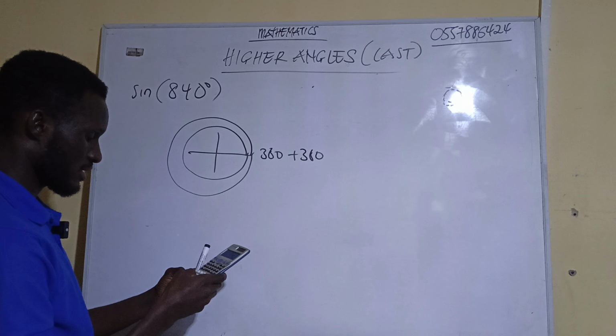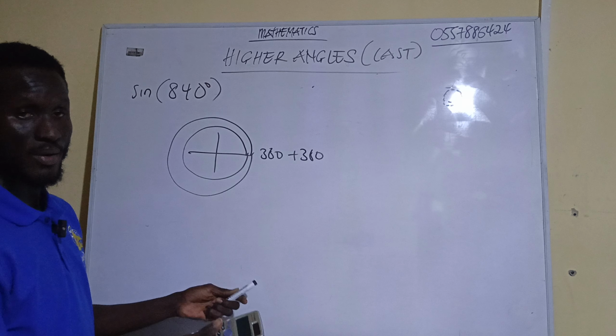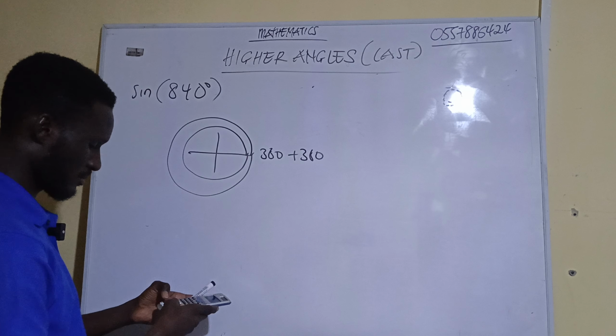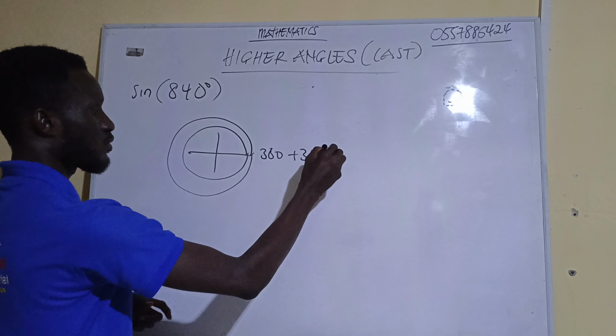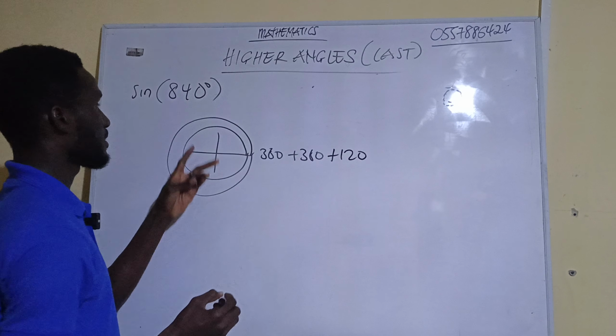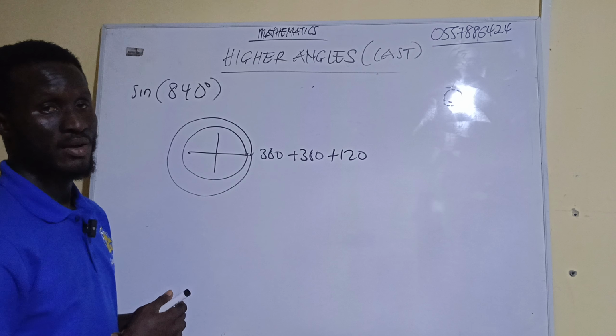360 plus 360 is 720. So when I add 120 to this one, that is when I can get 840.